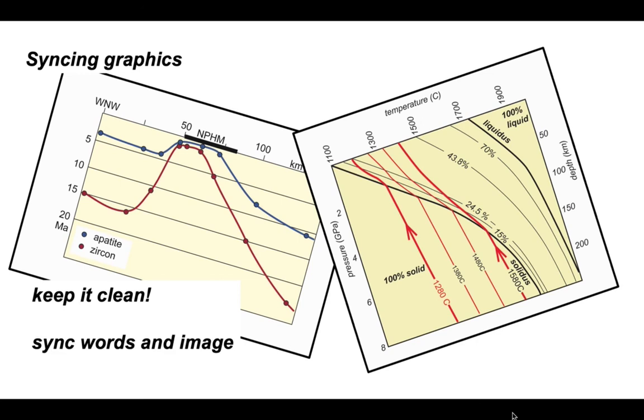The critical part, though, is to try and keep the reveal synchronized with the oral narration. Synchronize the words and the image. And this means that when designing the graphic, you need to understand the narrative structure you're going to use in the talk. And we'll use the layers and the exports of layers to build the presentation.